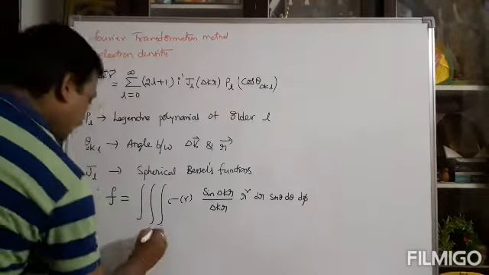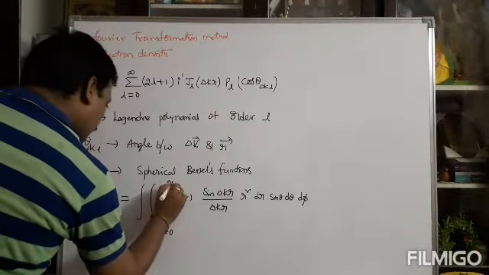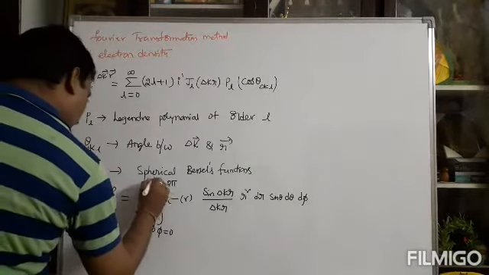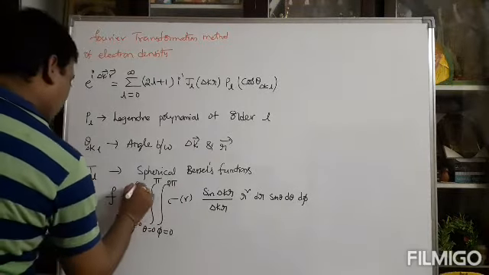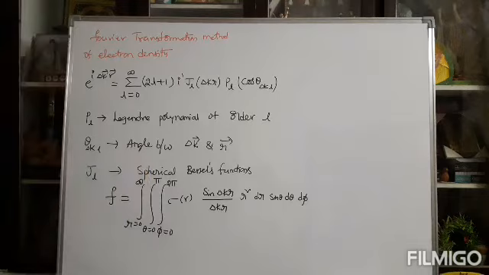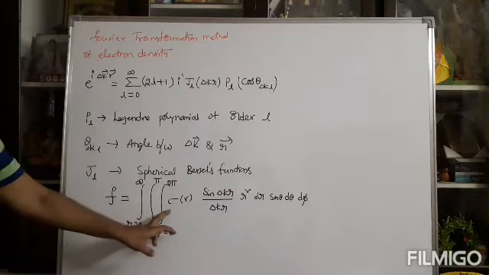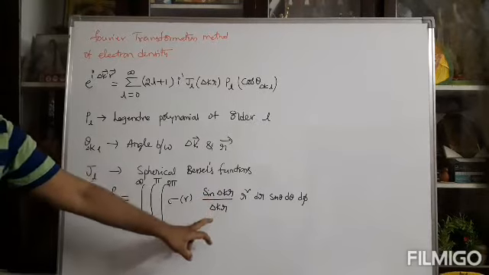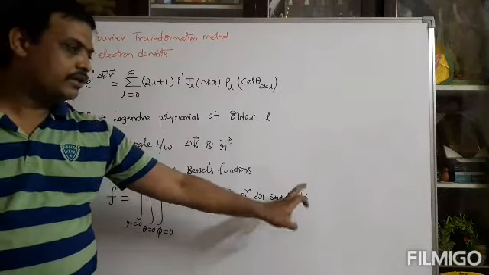Here the angle integration: phi is from 0 to 2 pi, theta can be taken from 0 to pi, and r can be taken from 0 to infinity. That is your form factor value.